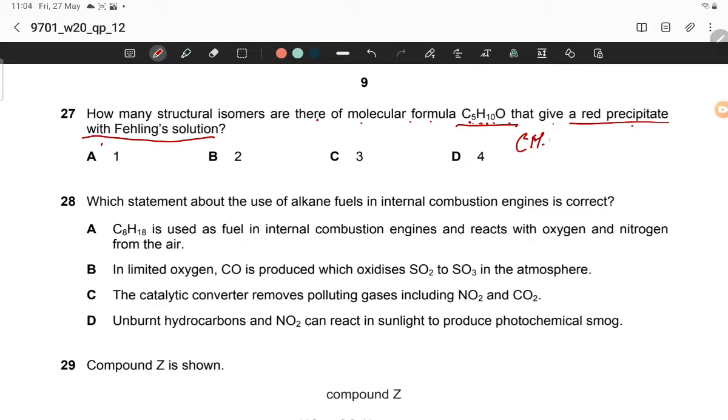CH3, CH2, CH2, CH2, CHO. CH3, CH2, CH3, CH2, CHO.